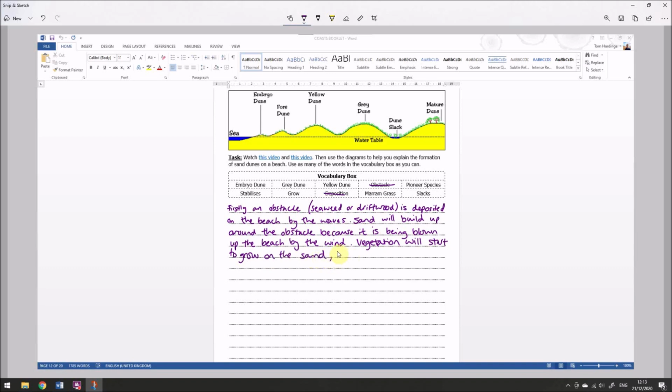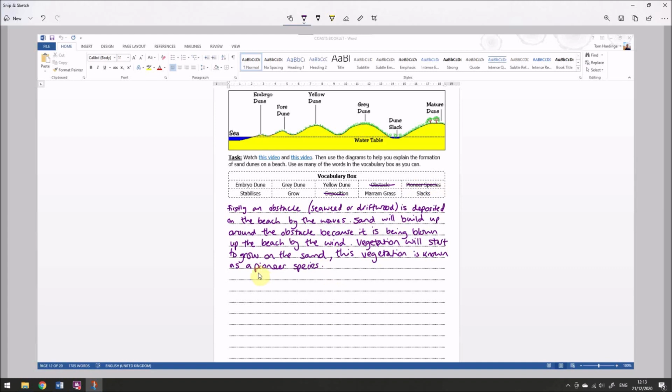This vegetation is known as a pioneer species, because it is the first thing that grows on this sand.